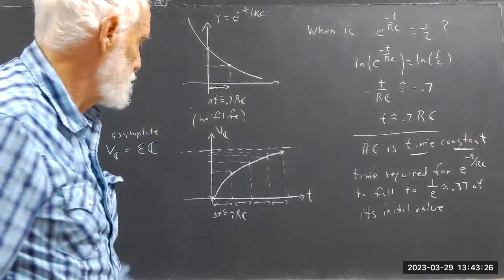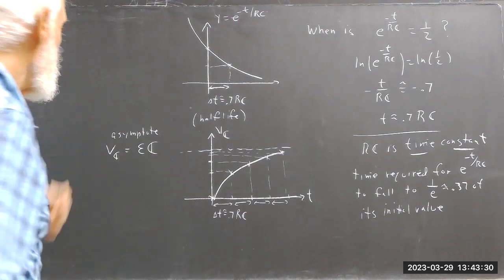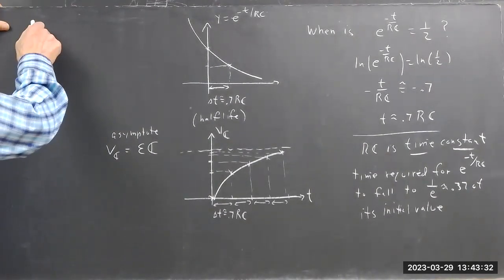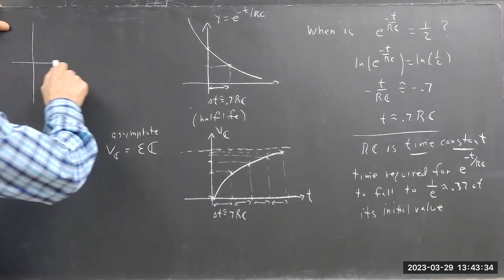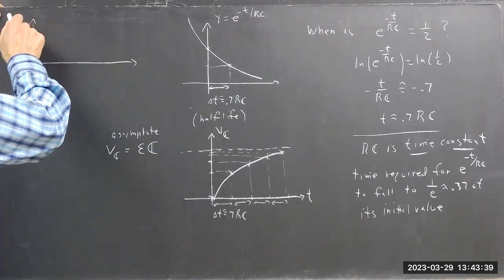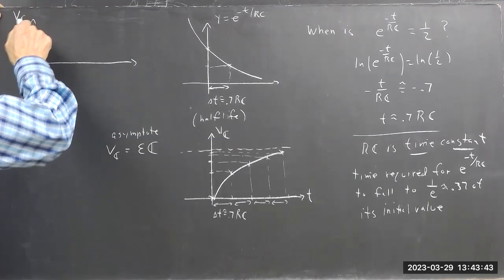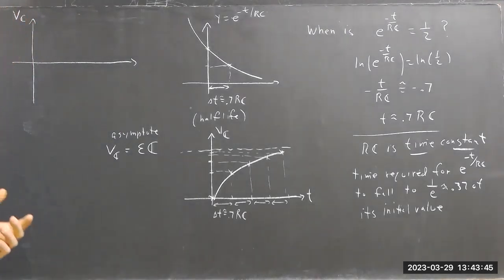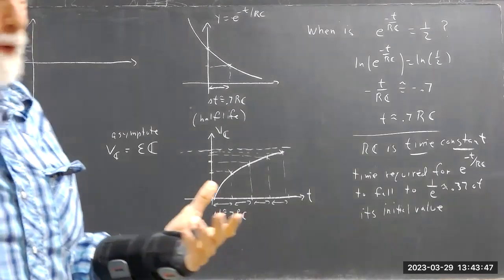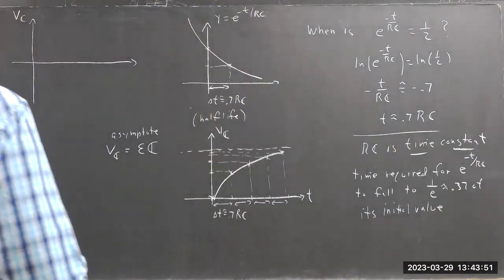What we're going to do is this. And maybe we're measuring the voltage across the capacitor, or maybe we're measuring the current in the circuit. It's all going to come out about the same.